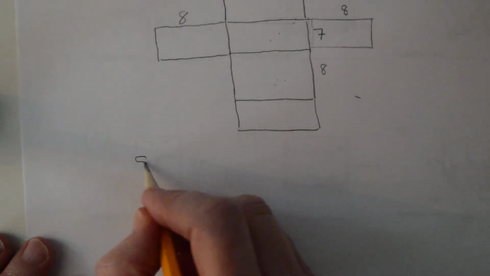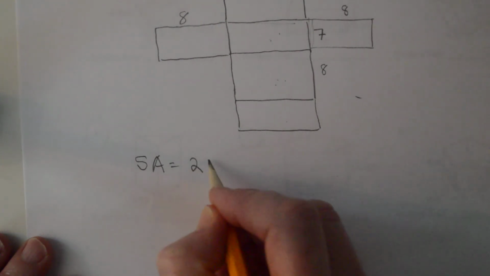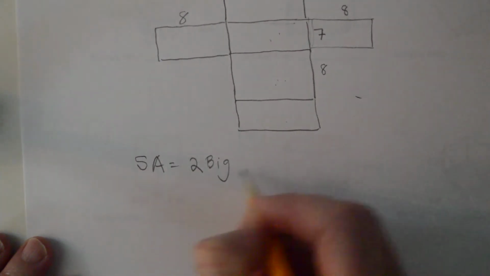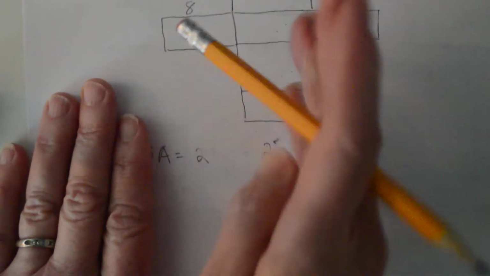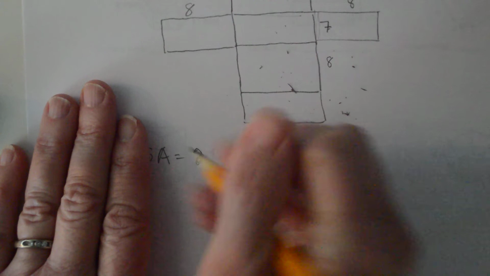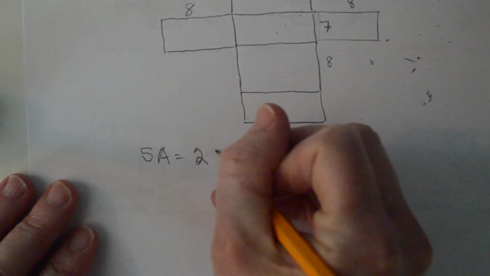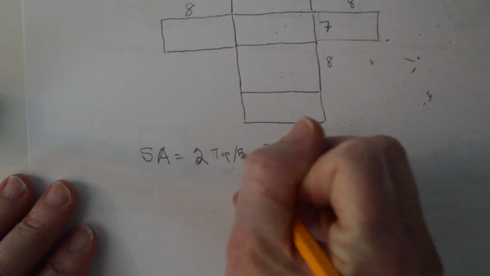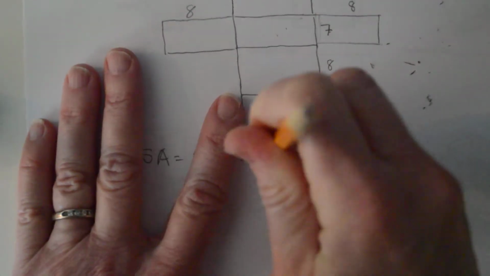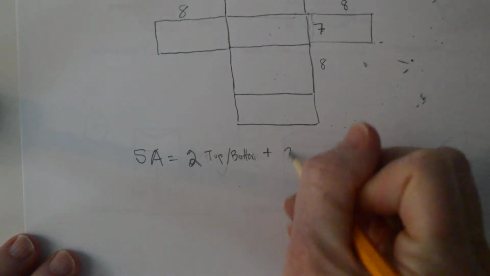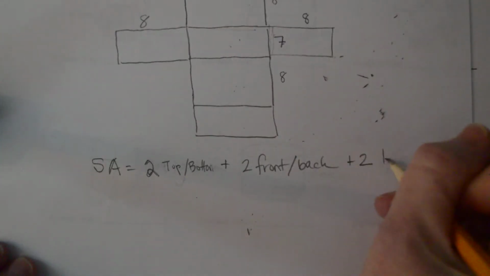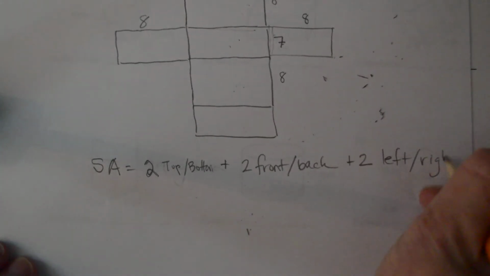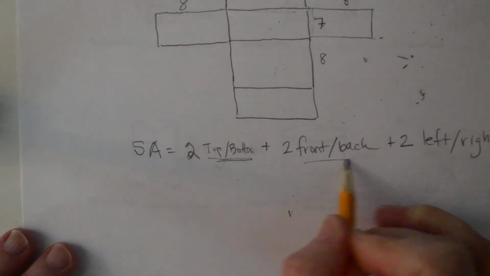So I'm just going to write that the surface area is made up of 2 of the, well, let's say, instead of big, because the side ones are going to be relatively close, let's say 2 top and bottom, plus 2 of the front and back, and 2 of the left-right ones. And again, these are all the same size. The top and bottom are the same size. The front and back are the same size.